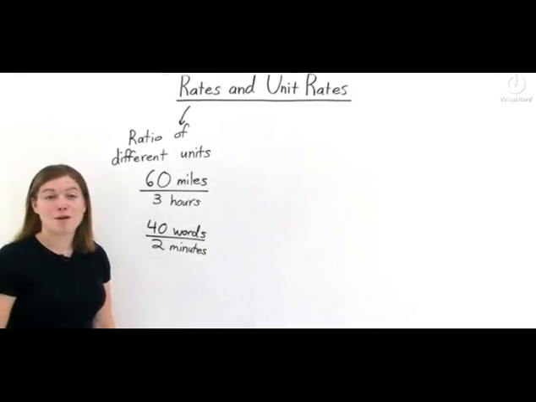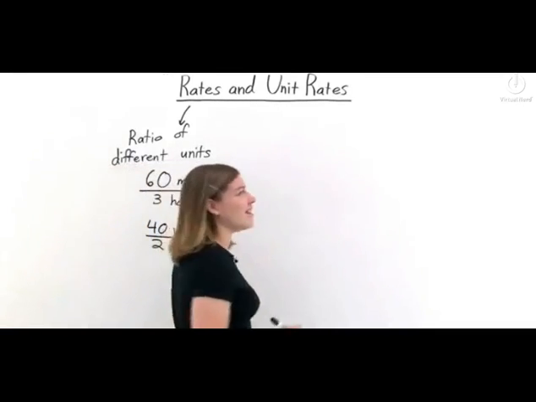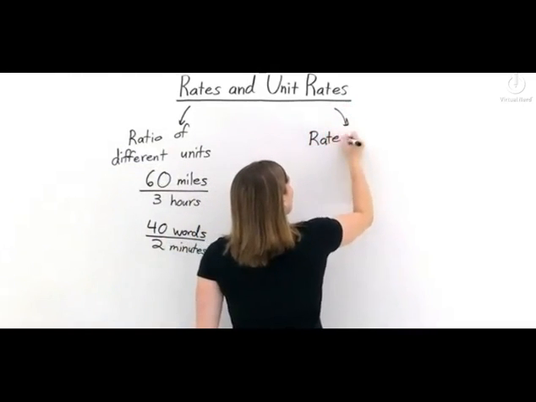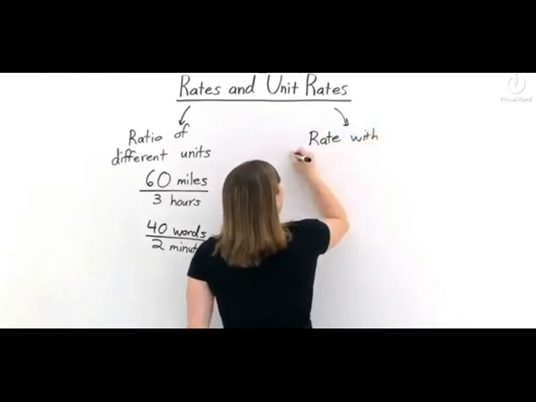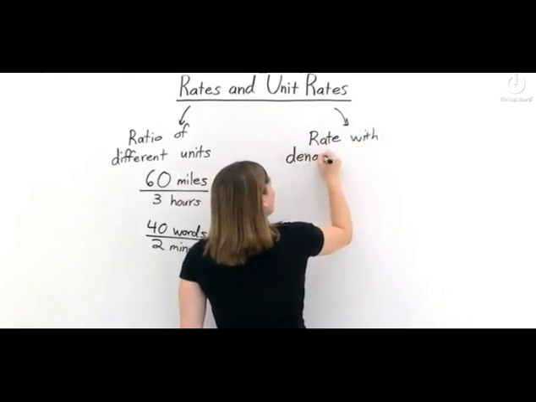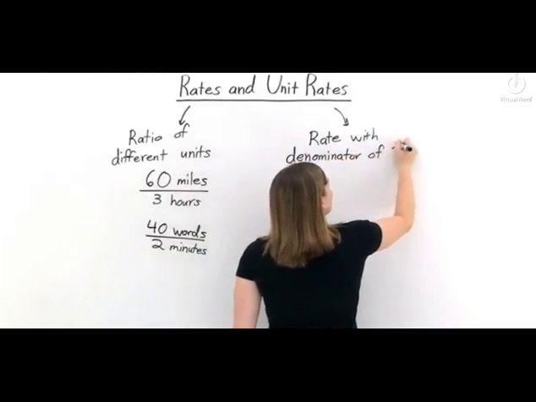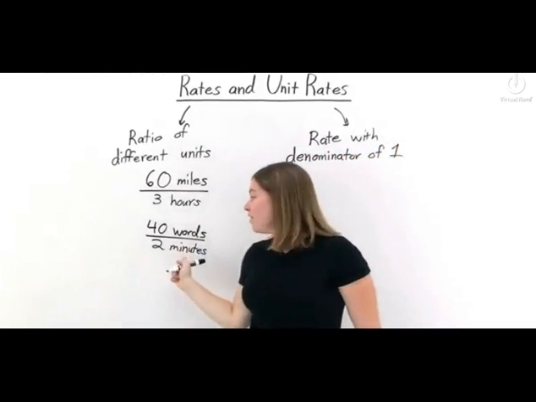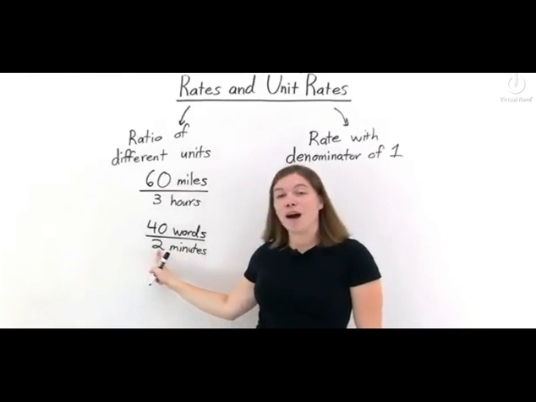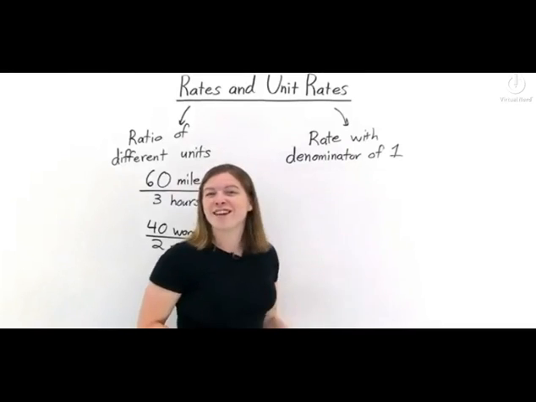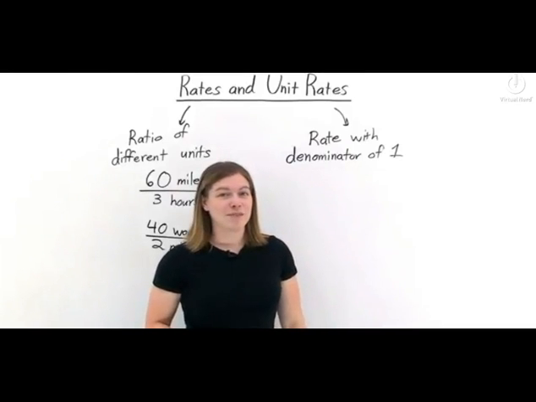Now that we know a little bit more about rates, let's check out unit rates. A unit rate is a rate that has a denominator of 1. So if you have a rate just like one of these, except the denominator, the bottom number, is 1, then you have what's called a unit rate. Let's look at a couple examples of unit rates. Let's see.